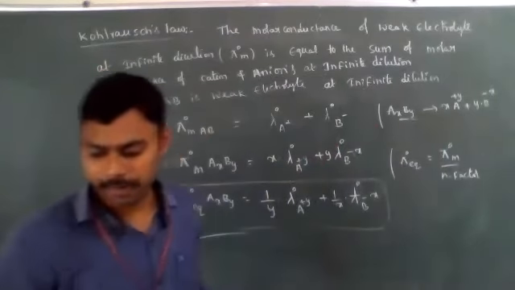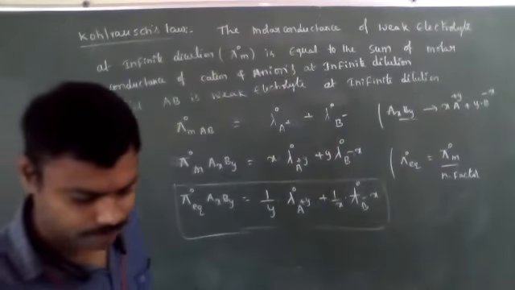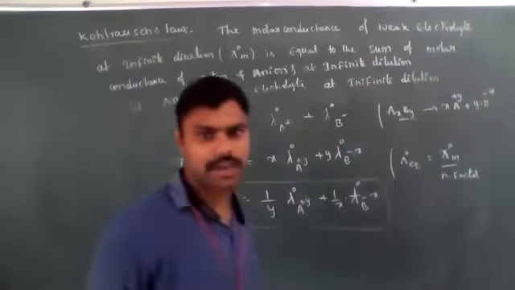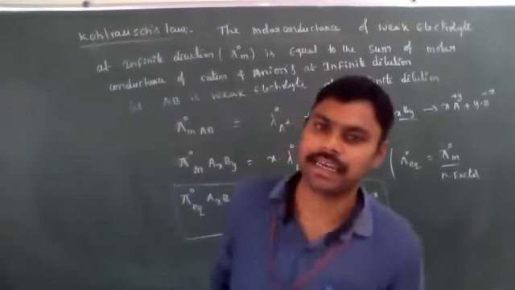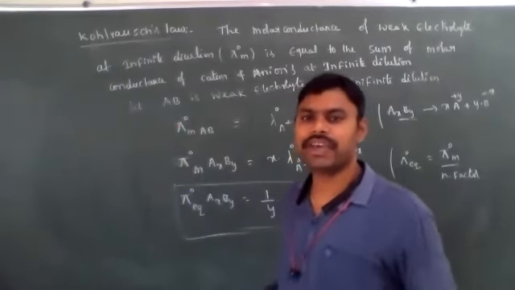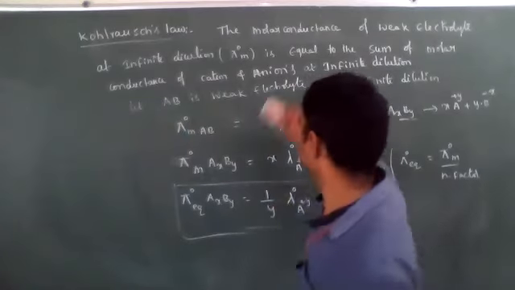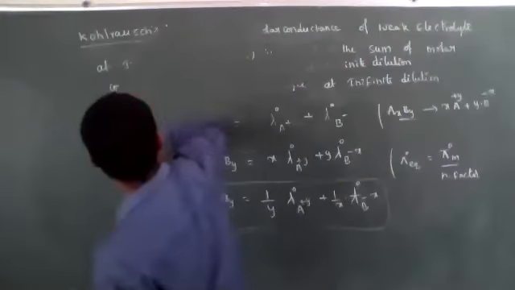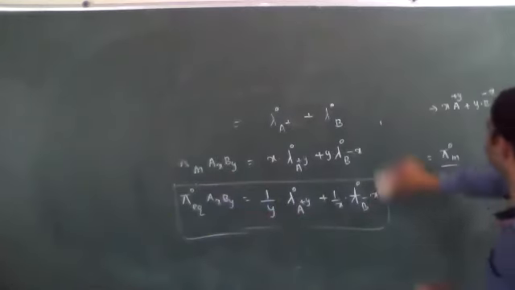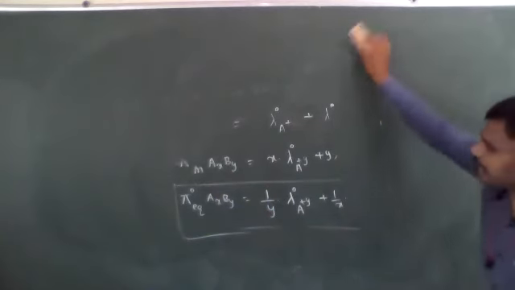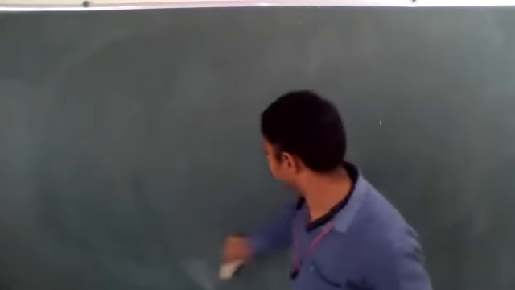Now, what are the important applications of Kohlrausch law? How is this law useful? Mainly, Kohlrausch law is useful to determine the molar conductance of weak electrolytes at infinite dilution, as well as to calculate the ionization constant for weak electrolytes.